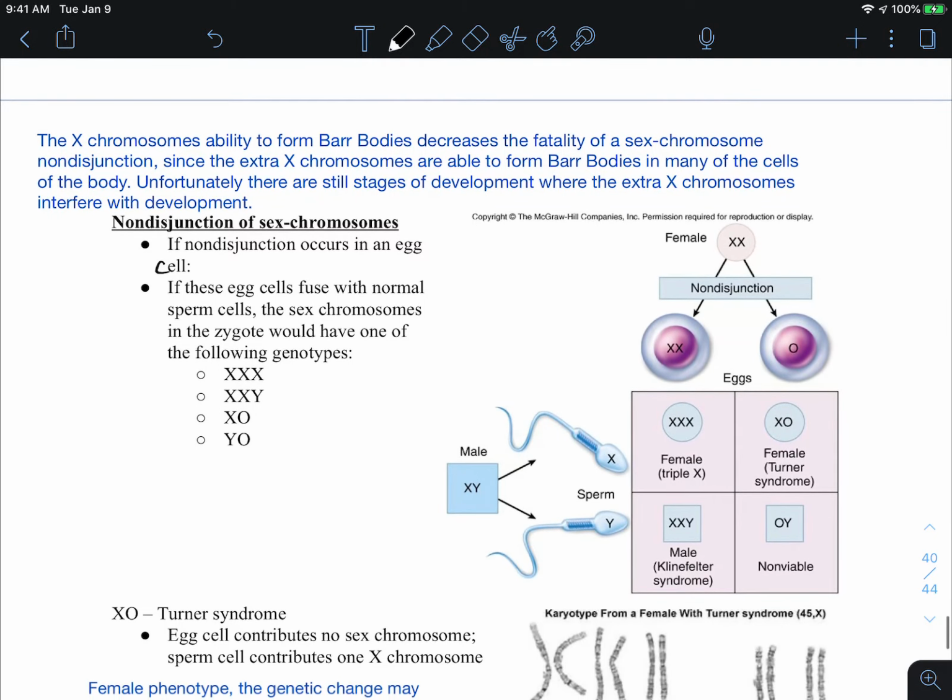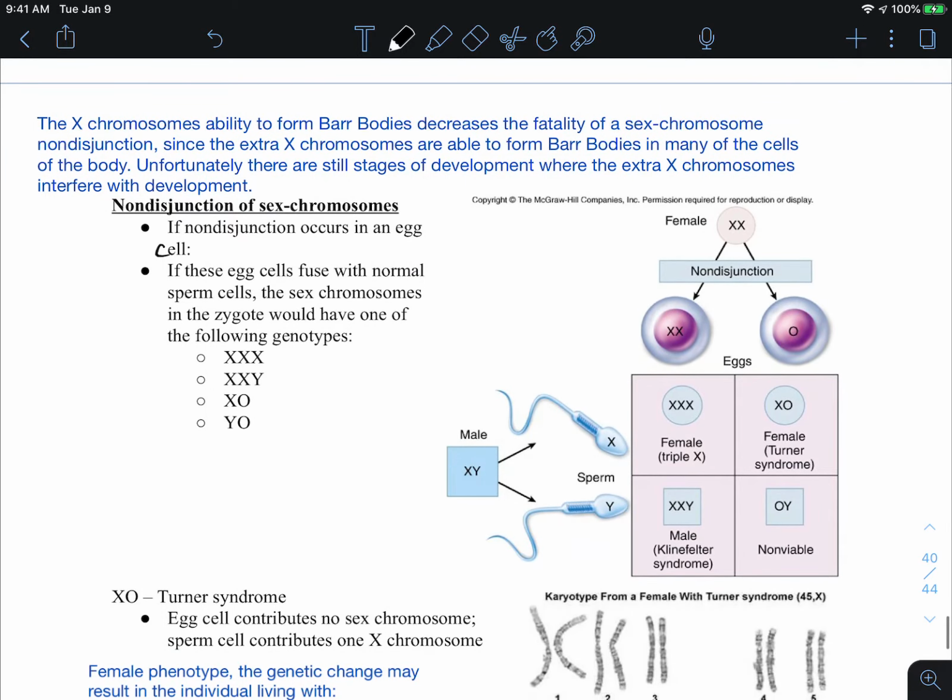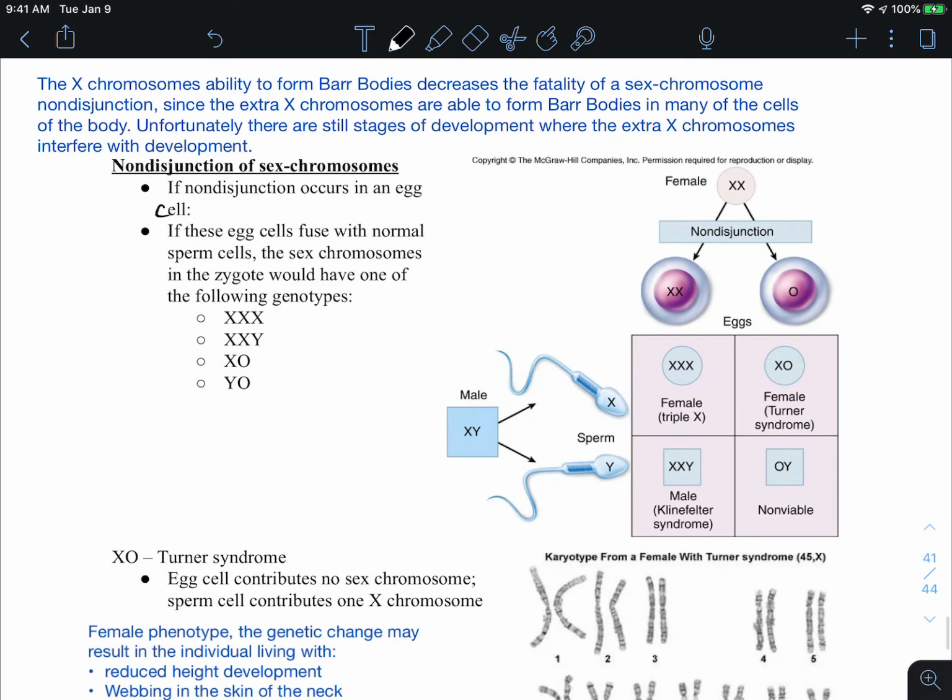But we almost always discuss the non-disjunction of sex chromosomes happening in female cells, and I just put it together. It's because female cells are the ones with 2 X chromosomes, of course. We can't have much of a non-disjunction in the male cells because they only have an X and a Y chromosome. Well, I guess there's still potential, but since non-disjunctions typically happen when the 2 chromosomes are side by side, it's only in the female egg cells that this is more common. Okay, that makes more sense to me.